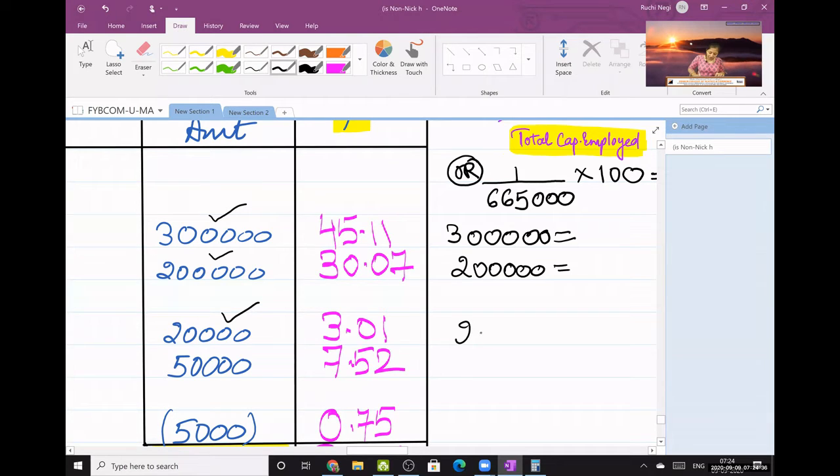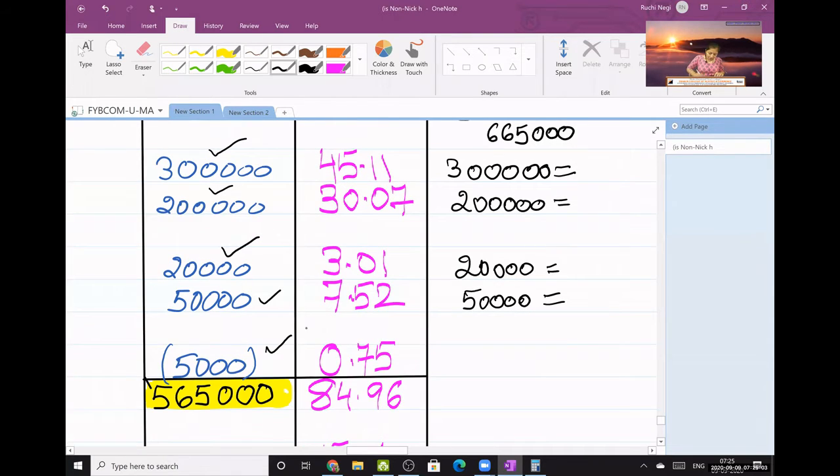So on calculator type 20,000 and press equal to. 3.01. Next I want this answer, 50,000. So type 50,000 and press equal to. See, you get 7.518, which is 7.52. You can round off or keep 7.51 as well.